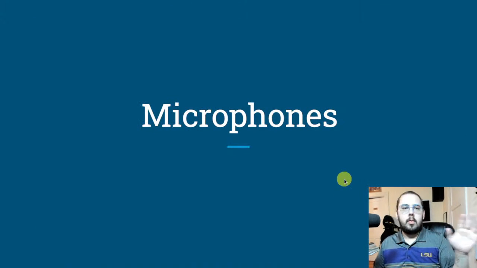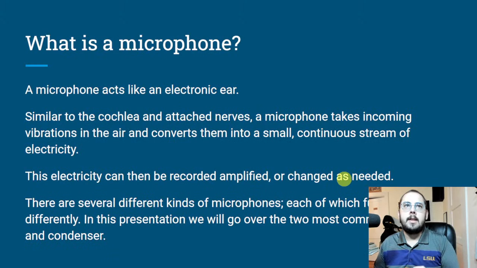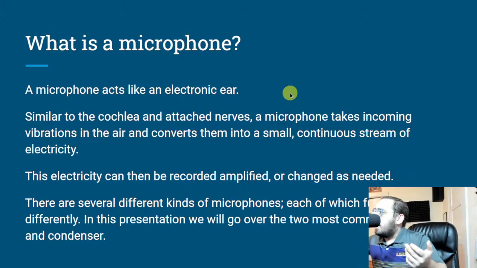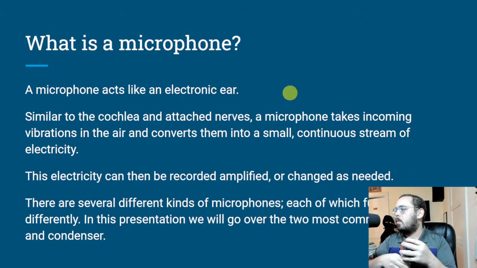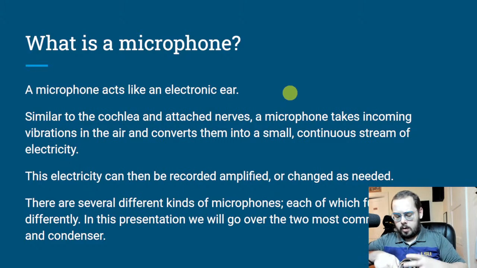Okay, so we're jumping from there directly into microphones for a very specific reason, and that is that a microphone is essentially an electronic ear. I've got one right over here, and I just pulled this one up because it's one of the ones that aren't currently plugged in or in a storage bin. If I can just get it off of the stand, that would be great.